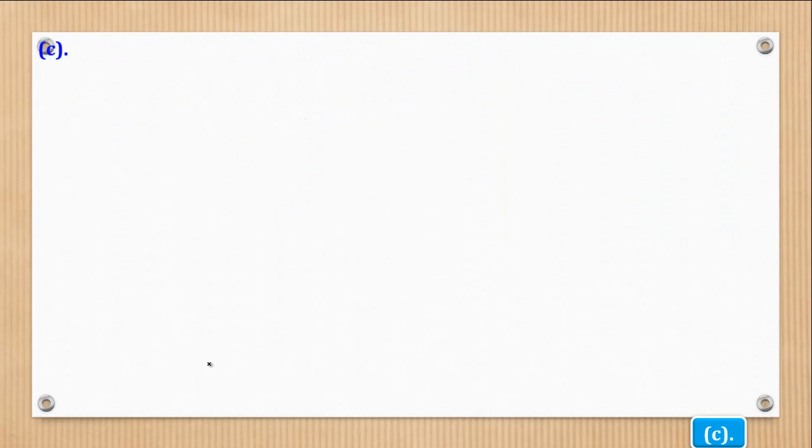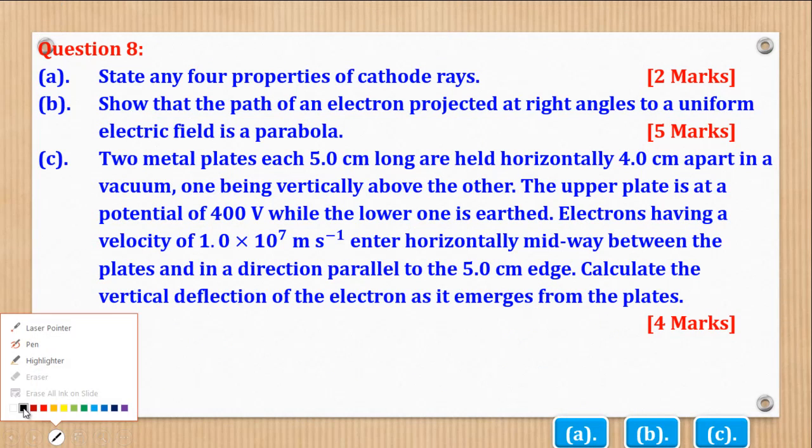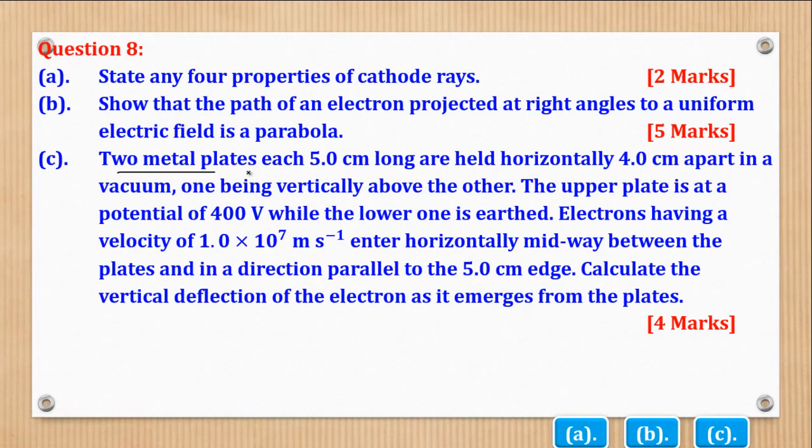Then we shall go to part C. Part C says, two metal plates, each 5 centimeters long, are held horizontally 4 centimeters apart in a vacuum, one being vertically above the other.